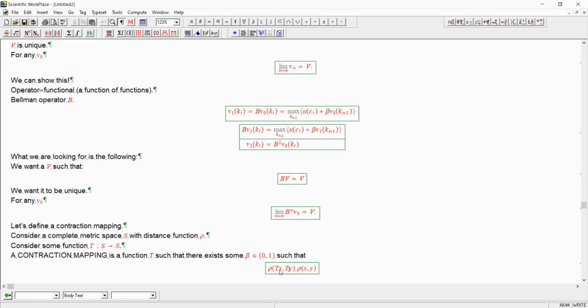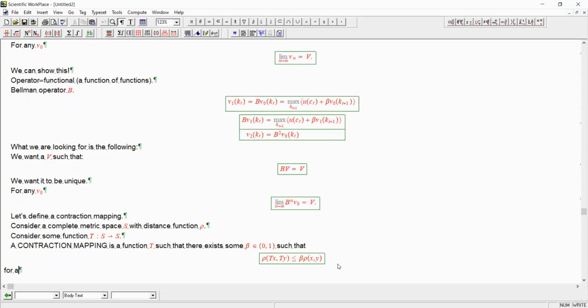The distance between the 2 points after the mapping must be less than or equal to the distance between the 2 points originally times this number beta, which again is strictly between 0 and 1. This might give you some idea that maybe this has to do with discounting, and in our context, that's correct. And this has to be true for all X and Y in our space S.